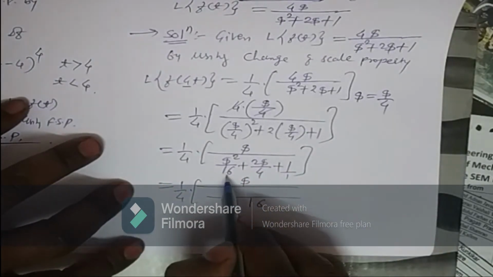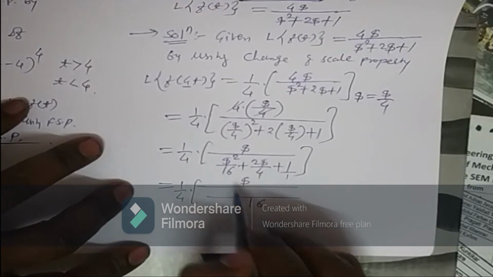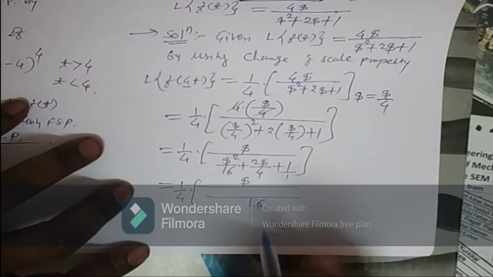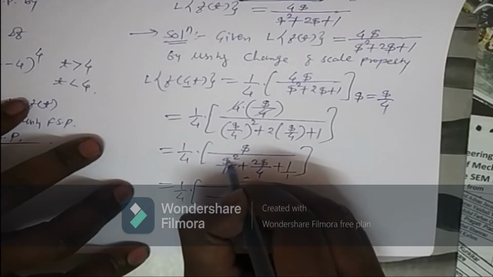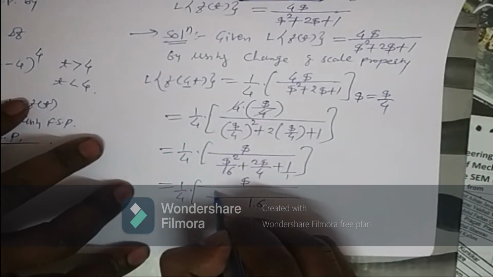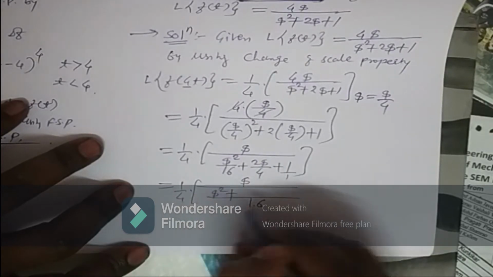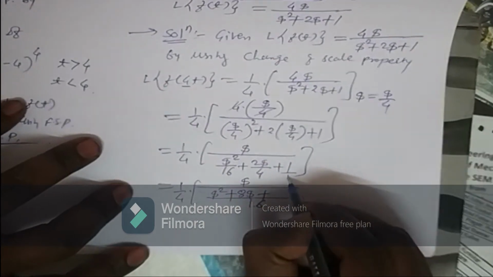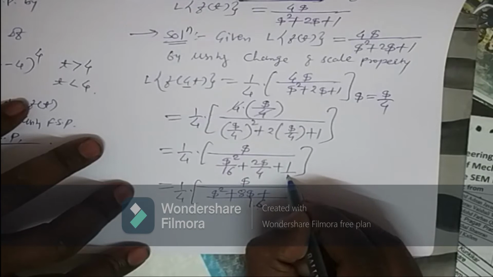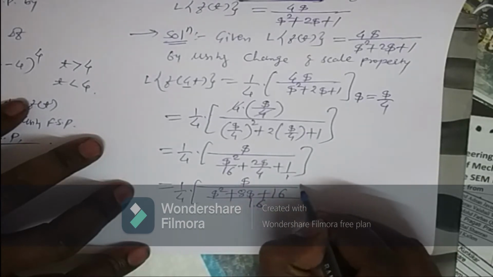So how to simplify this? 16 divided by 16 is 1, and we multiply that answer by the numerator: s square into 1 is s square, plus 16 divided by 4 is 4, 4 into 2s is 8s, plus 16 divided by 1 is 16, so 16 into 1 is 16.